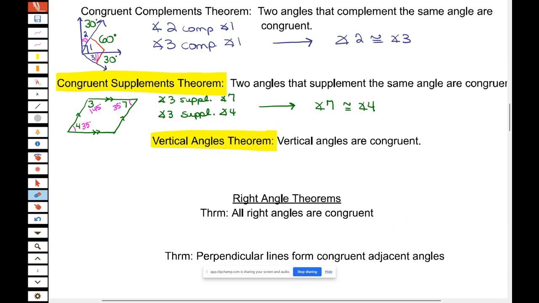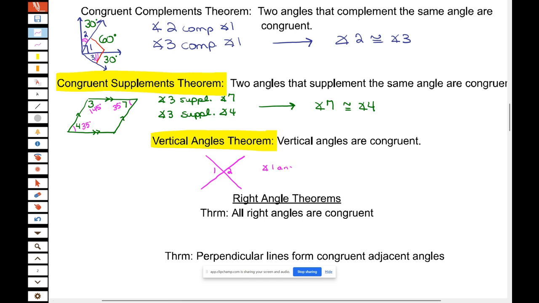Vertical angles theorem says vertical angles are congruent. So for angles 1 and 2, first you would say angle 1 and angle 2 are vertical angles. A lot of times we skip over that.